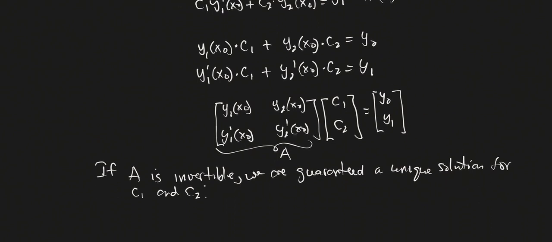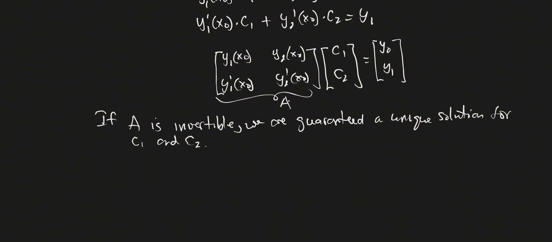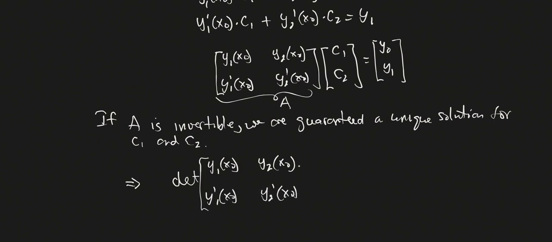Well, what guarantees a square matrix being invertible? Well, the determinant of this matrix would have to be not equal to 0. So this implies the determinant of the matrix y1 of x0, y2 of x0, y1 prime of x0, and y2 prime of x0 would have to be non-zero.